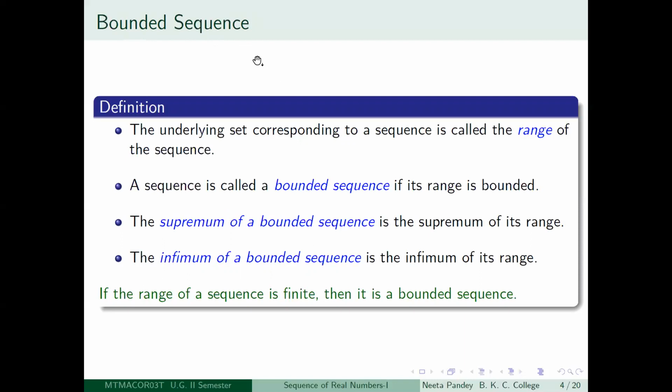Naturally, with every sequence, you do have an underlying set. It is the set of all values which the sequence is taking, which is different from the terms of the sequence, right?